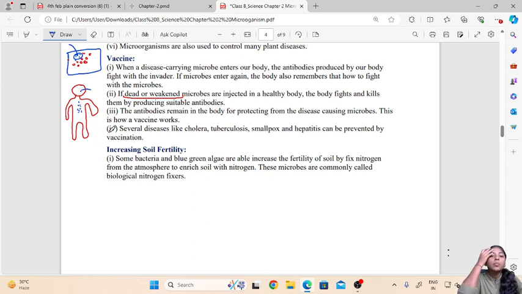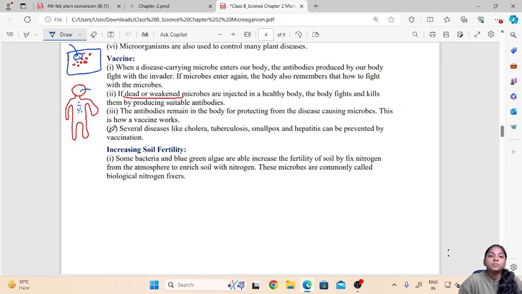Then the antibodies remain in the body for protecting from the disease causing microbe, and this is how the vaccine works. So what happens during vaccination, or what is actually the vaccine?